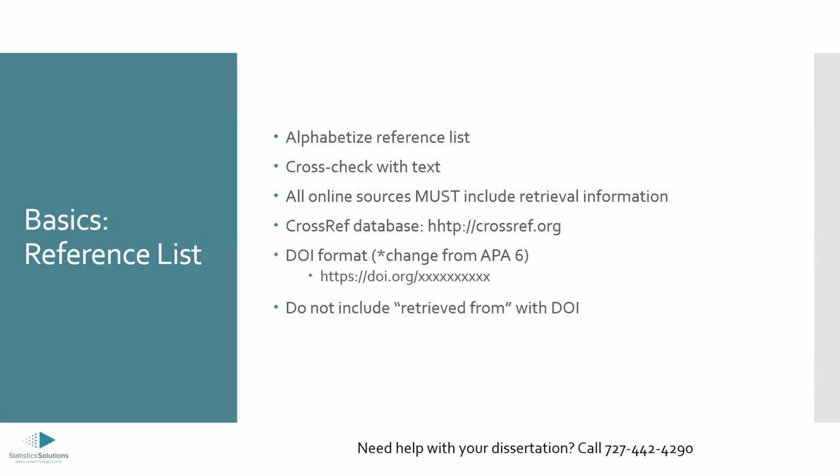And if you're using a DOI, there's a new rule with APA 7th edition. In APA 6th edition, you used to say retrieved from, and then you would put the DOI. Now we don't say retrieved from. Instead, right at the end of your reference, you're just going to include the DOI or just include the website link.